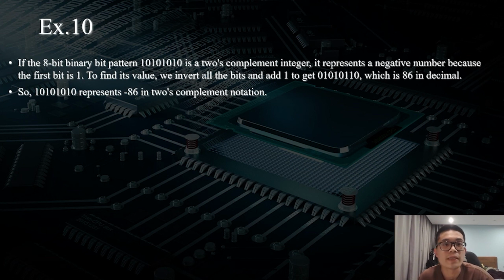To find its value, we need to invert all the bits and add 1 to get 01010110, which is 86 in decimal. So 10101010 represents minus 86 in two's complement notation.